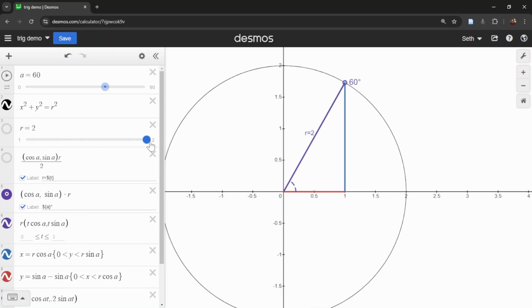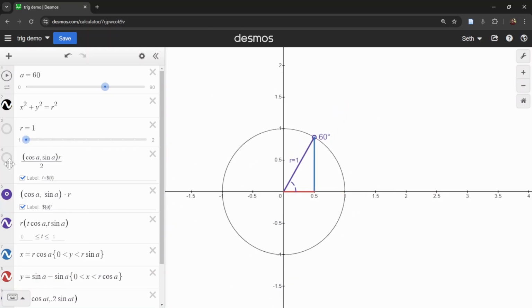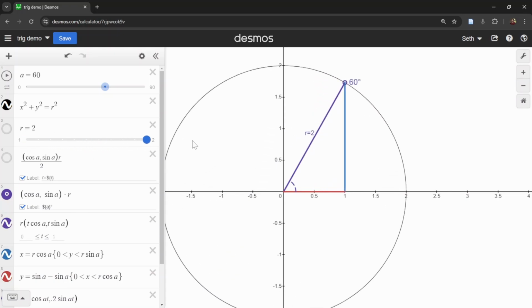We divided by 2 to get the dimensions down to fit inside a unit circle. Now we're going to have to double that value to get back to the original dimensions, and that's how we would find that in the actual triangle the dimension of this leg is 1.